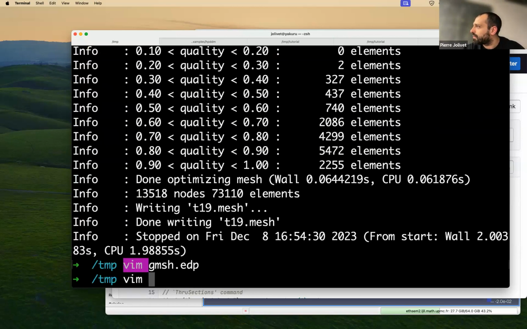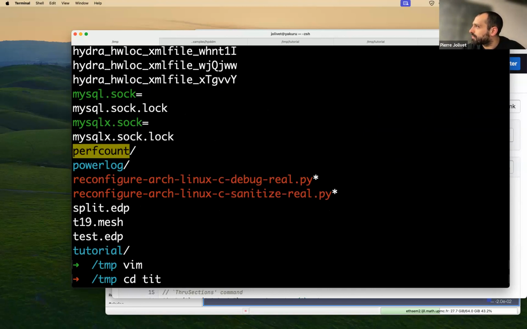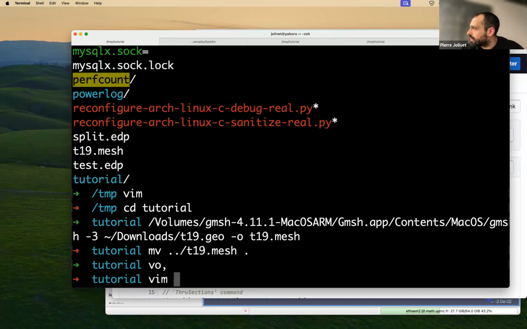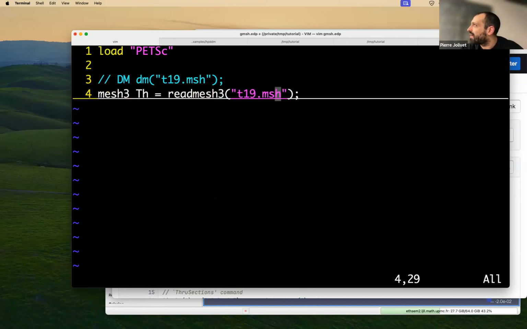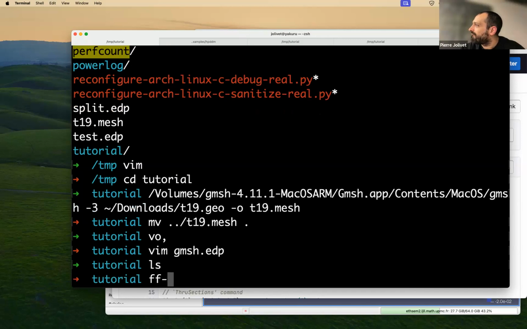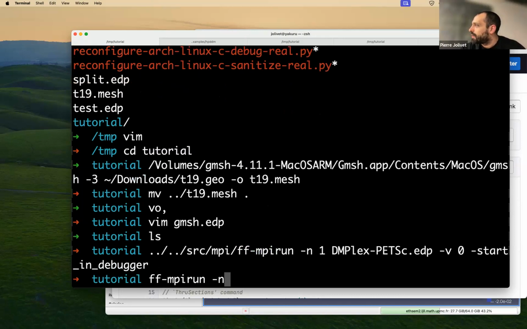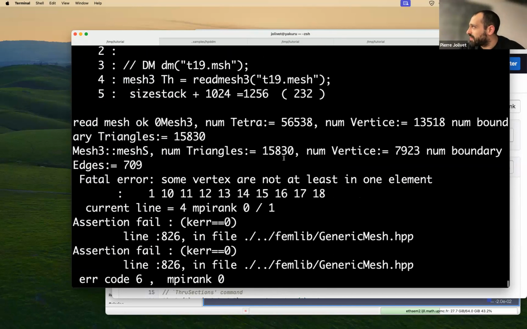And then, what is the name? And so it's gmsh.edp. And the mesh is messed up.